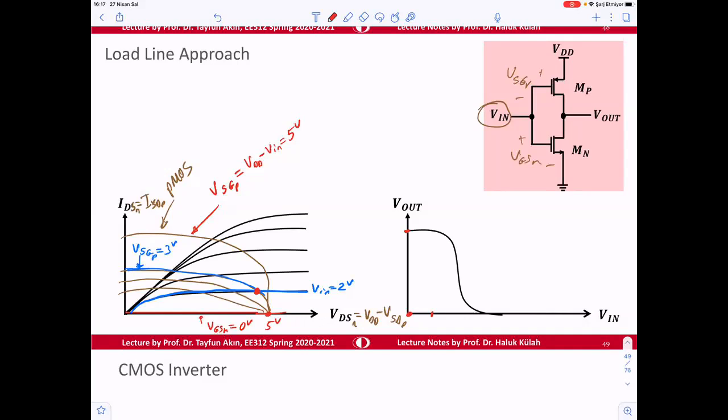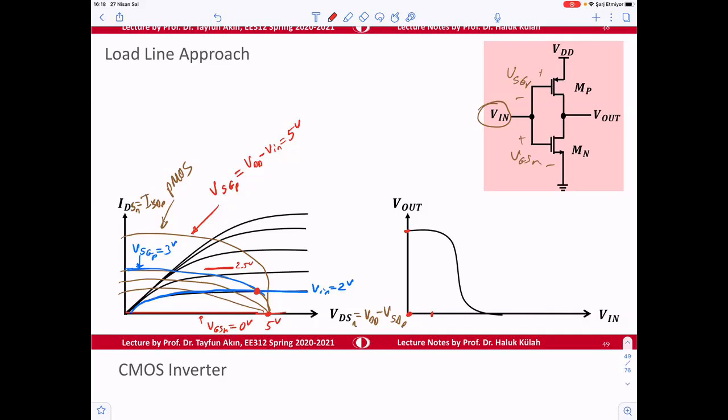And then you will be noticing that at 2.5 volts, both of them are going to be in saturation. So there's going to be a line like this, maybe somewhere around here, 2.5 volts gate voltage. Both of them are going to be in saturation for about 2 volts.